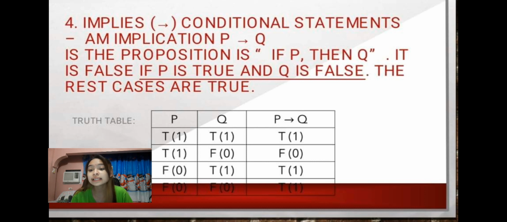So TT is true. TF is false, because P is true and Q is false, so it means that it is false. Then FT is true, FF is true.